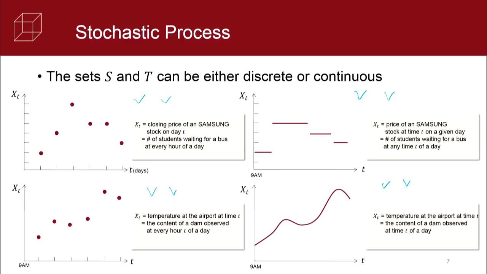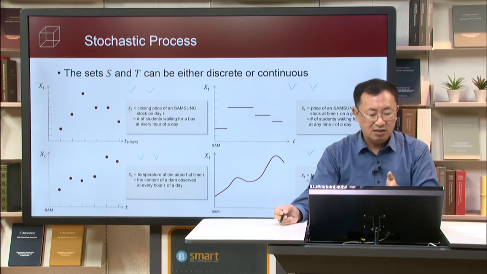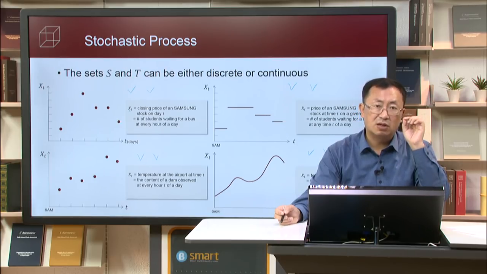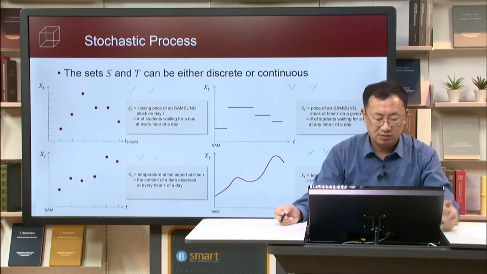So let's take a look at this case. Both state space and time space are discrete. So Xt, in this case, may represent the closing price of the Samsung stock on day t, right? Each day, you only observe the closing price, so you can only observe it as a certain value.